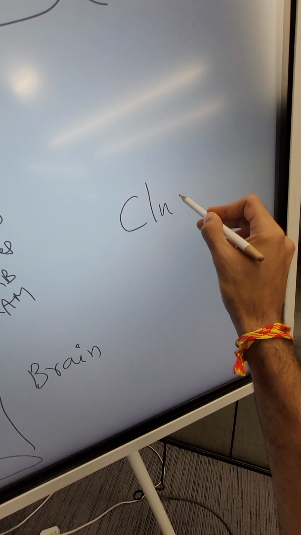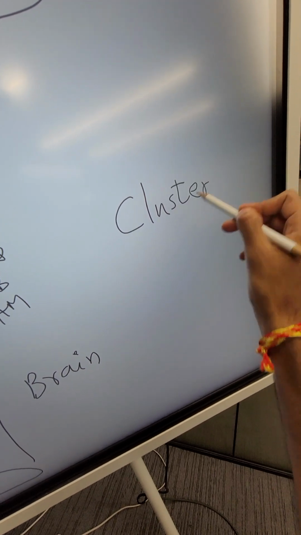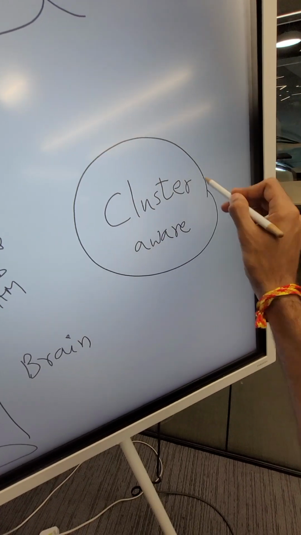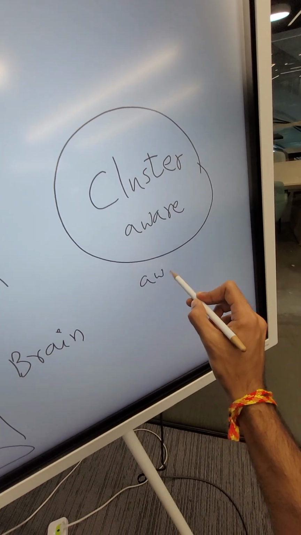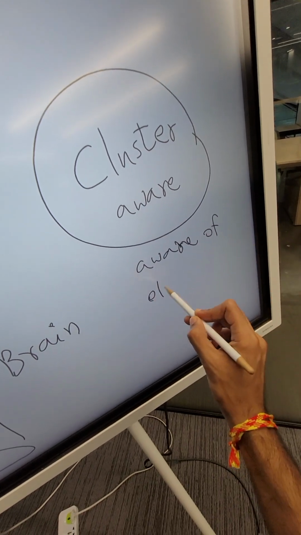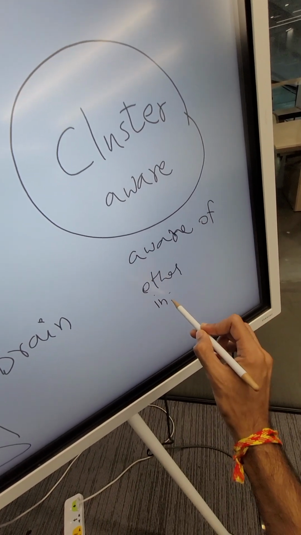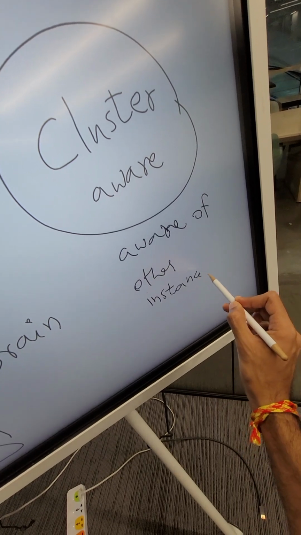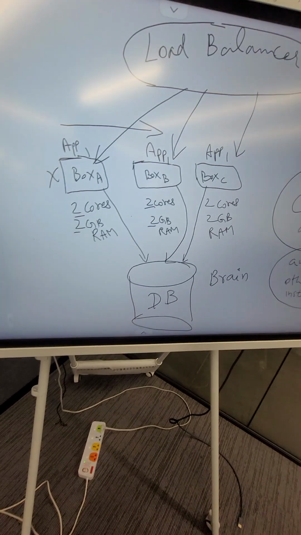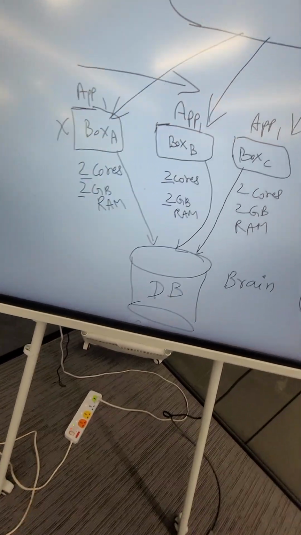They are cluster aware. They're aware of the other instances, right? And they horizontally scale. They do sharding and whatnot. For example, if it's a database itself, like Redis.